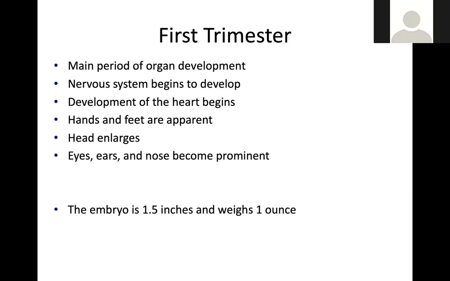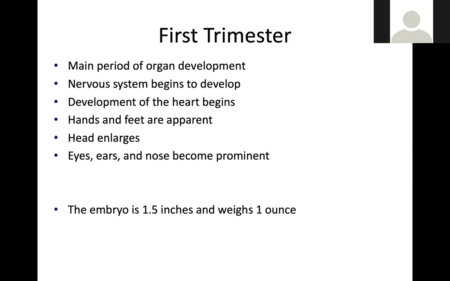So like I said, first trimester is that main period of organ development. So all the organs, lungs, heart, and I'm going to lose some, liver, stomach, intestines, we start to have this main development stage in the first trimester. The nervous system begins to develop. The development of the heart begins. Hands and feet start to be present. The head enlarges.